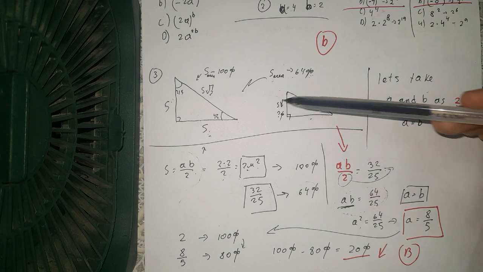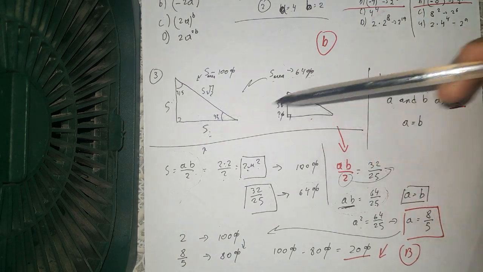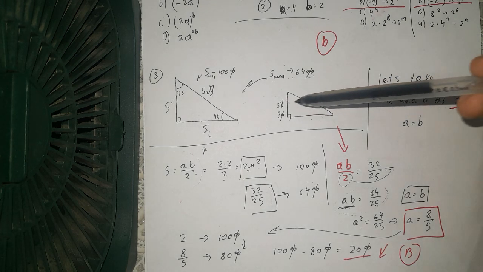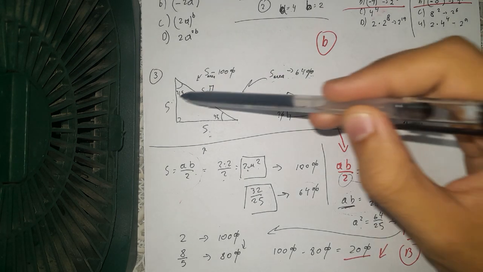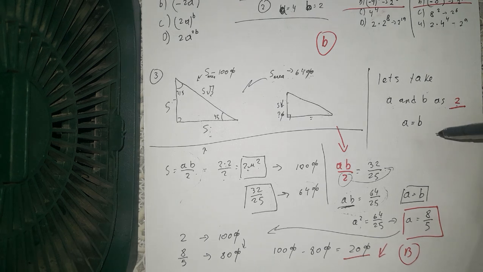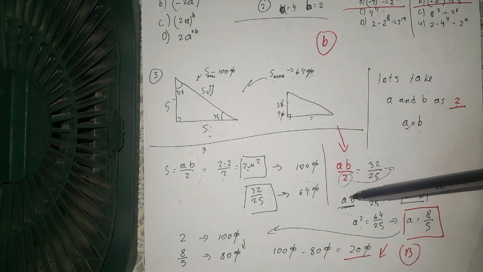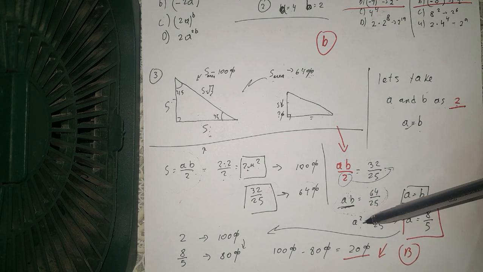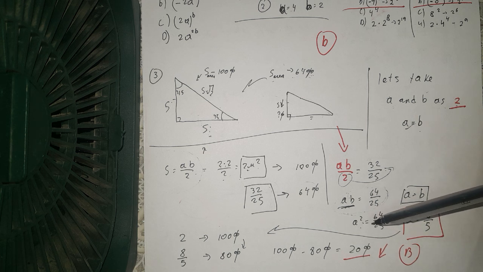You know that it's always an isosceles triangle. This means this side is equal to this side, then a equals to b. Instead of b, I'm putting a, a in square equals to 64 over 25. A is 8 divided by 5.